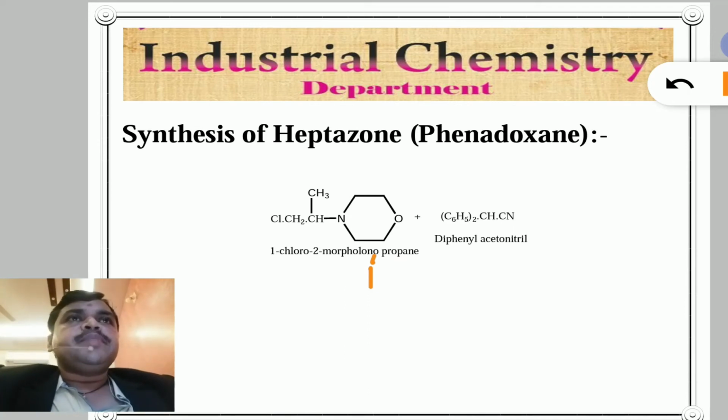It is prepared by reacting 2-aminopropan-1-ol with di-2-chloroethyl ether. So the interaction between 2-aminopropan-1-ol and di-2-chloroethyl ether gives 1-chloro-2-morpholinopropane, and this 1-chloro-2-morpholinopropane is reacted with diphenyl acetonitrile.